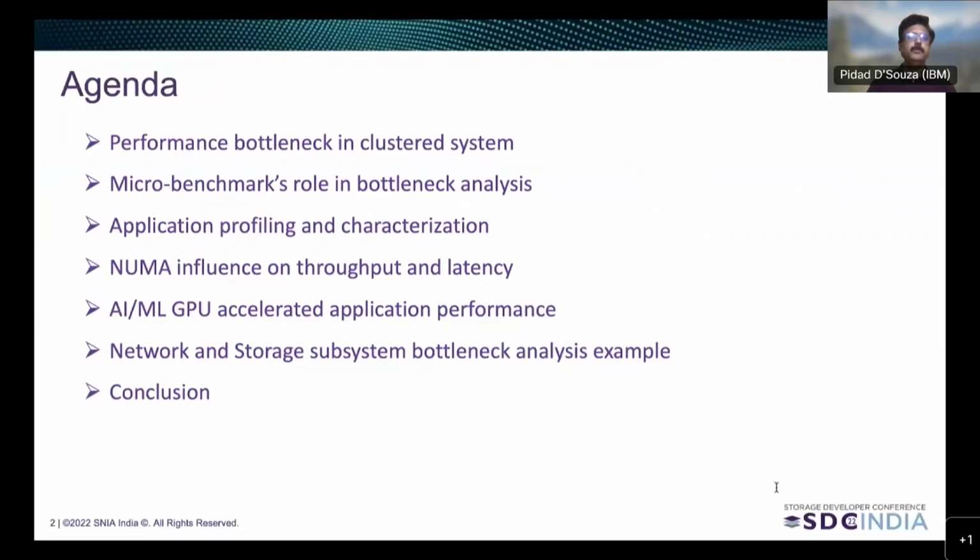Today, we are going to take you through various components of a system that influence file system performance, and how benchmarks can be used to analyze the bottlenecks among these components. We also detail these analyses through some examples.